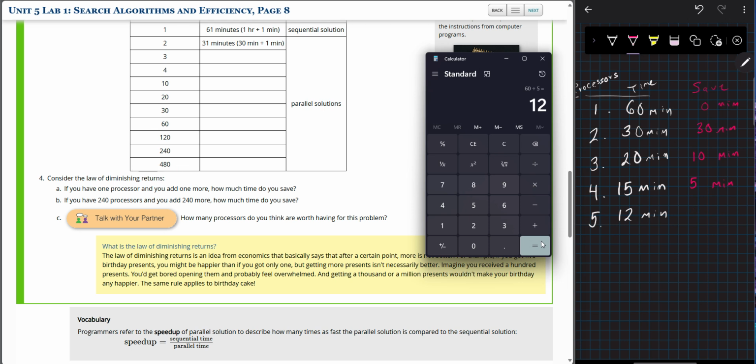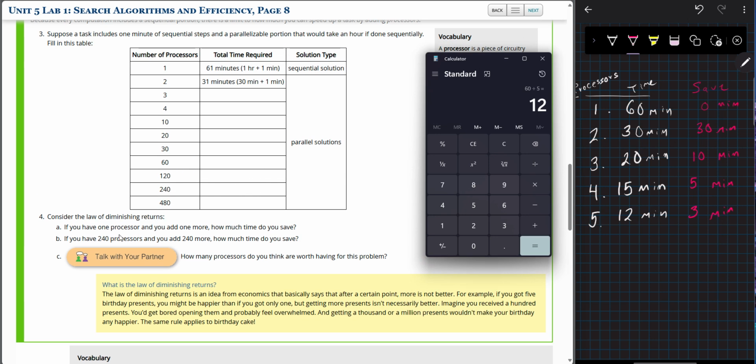And here we save 3 minutes. So notice how we're saving less and less every time. So yes, parallel computing helps us, but multiple processors or a lot of processors will become kind of useless at the end. And if you solve all the way to these, you'll realize.